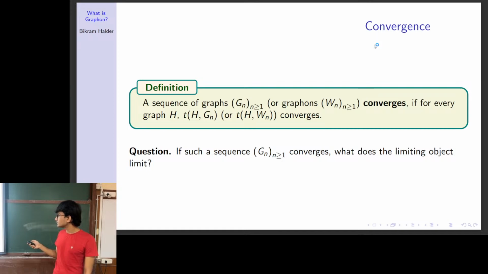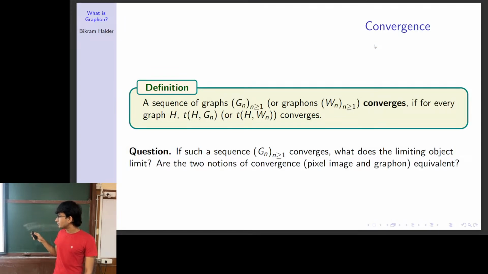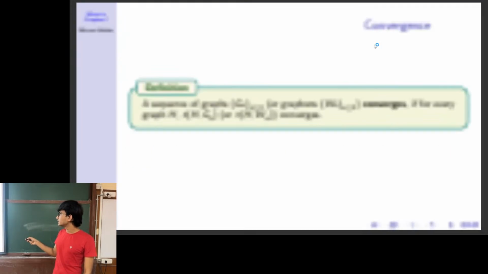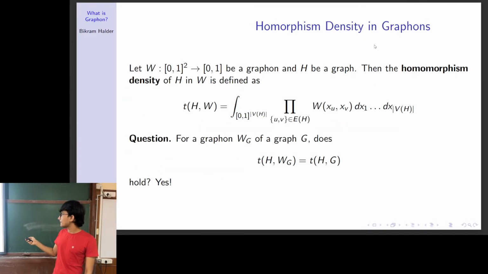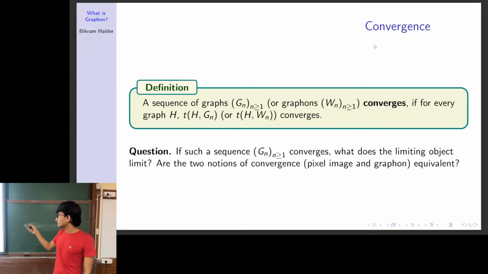And if such a sequence converges, what does the limiting object look like? You need to characterize it. So that's what our goal is. And are the two notions of convergence, the graph convergence and this graphon convergence, compatible somehow? You need to look at this.